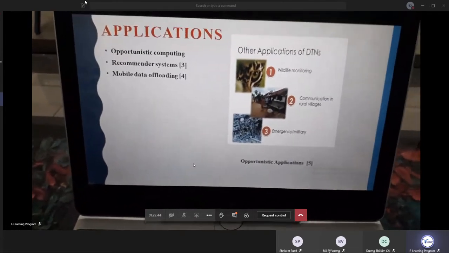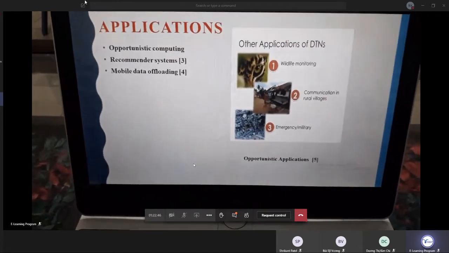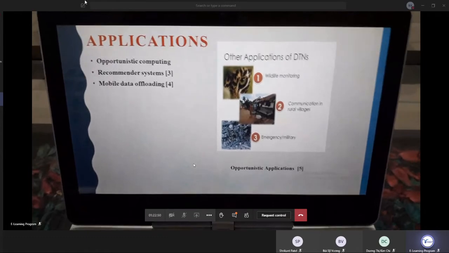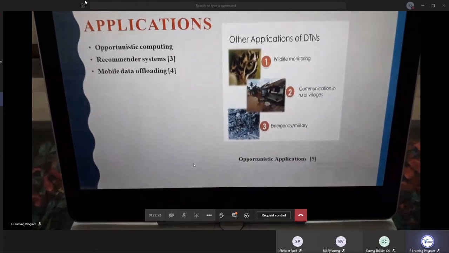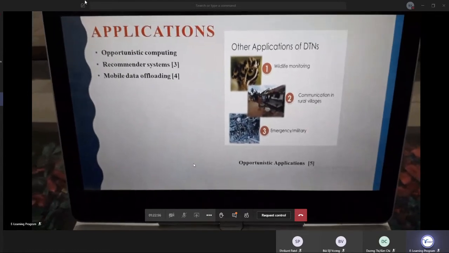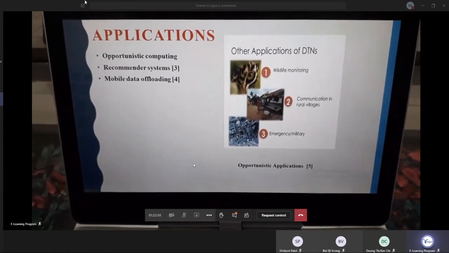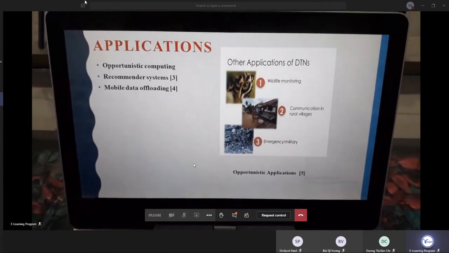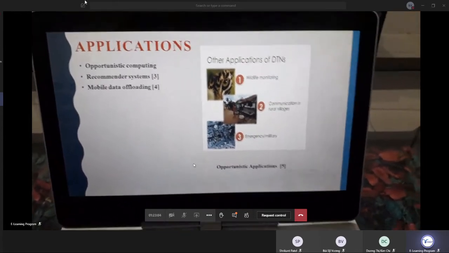In emergency and military operations, we can also use the delay tolerant network. Other applications of opportunistic network are recommender systems and mobile data offloading.